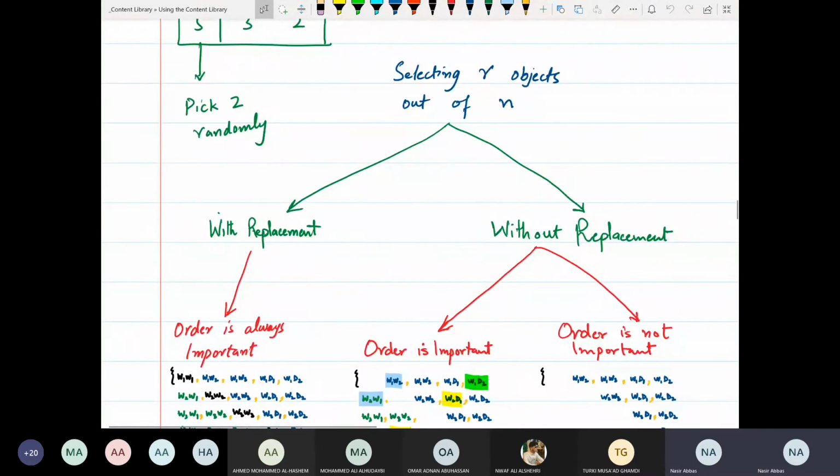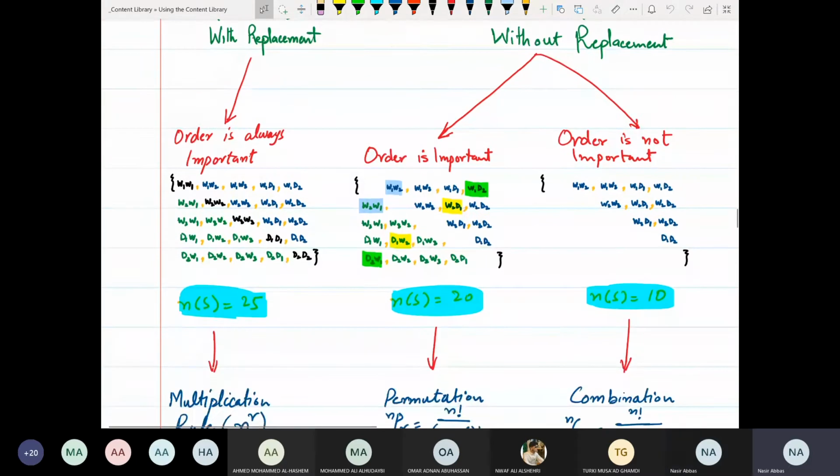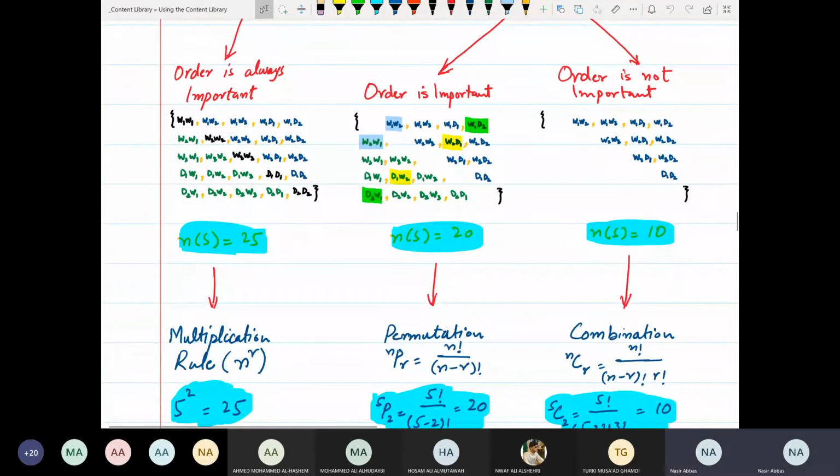We said that when we have a single picking, the counting is very easy. It can be done manually, and we did it manually. But when the number of pickings is more than one, we noticed that counting manually took a lot of time.